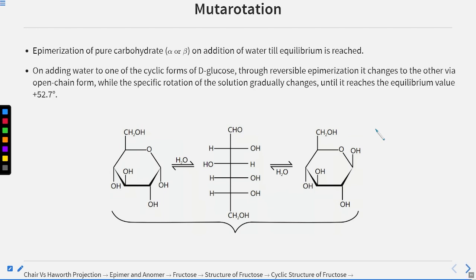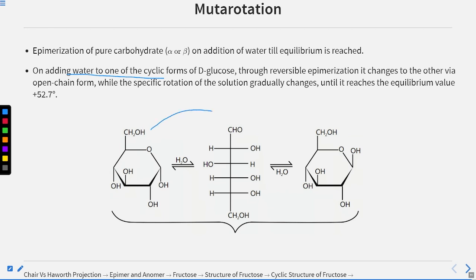Now how does this take place? We have our glucose. We add water to it. Through reversible isomerization, it changes to the open chain form.